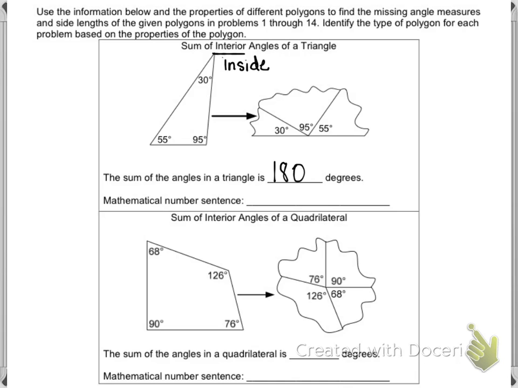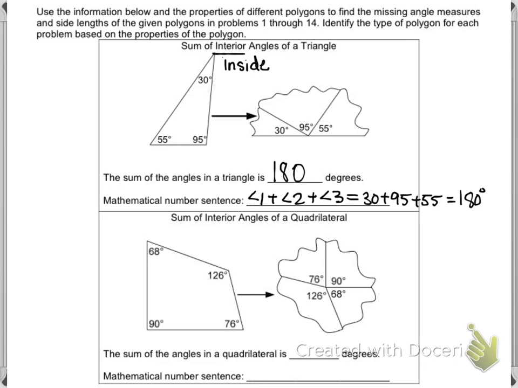So my mathematical number sentence is going to be angle 1 plus angle 2 plus angle 3. And what degrees are we adding? We're adding 30 plus 95 plus 55 to give me a total of 180 degrees for my triangle.